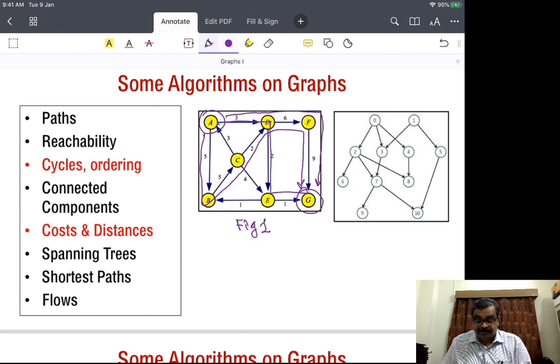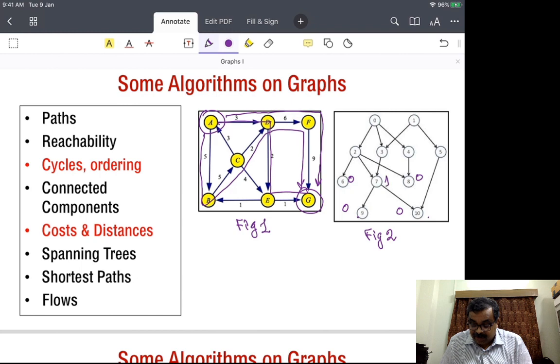On the other hand, this is an acyclic graph, whereas this graph has cycles. For example, you can see that this graph has a cycle like this. This graph, figure 2, has no cycles. And if figure 2 has no cycles, then we can order it in terms of the dependencies. For example, these nodes have no dependencies and therefore they can be levelized and put at level 0. So these are the 4 nodes at level 0.